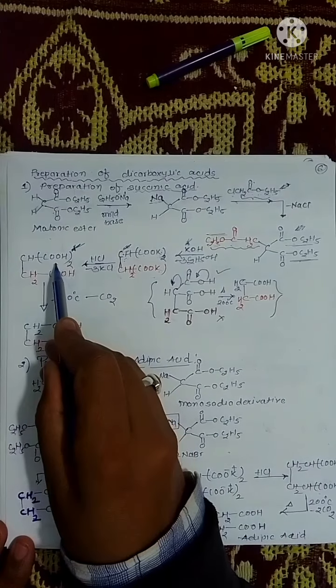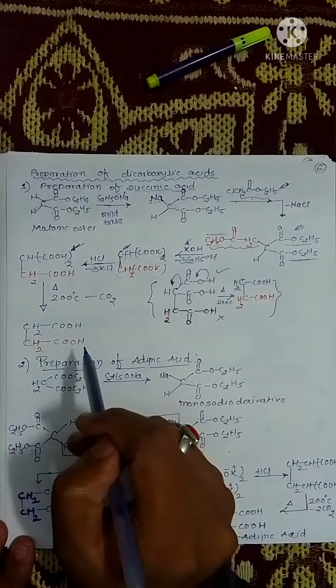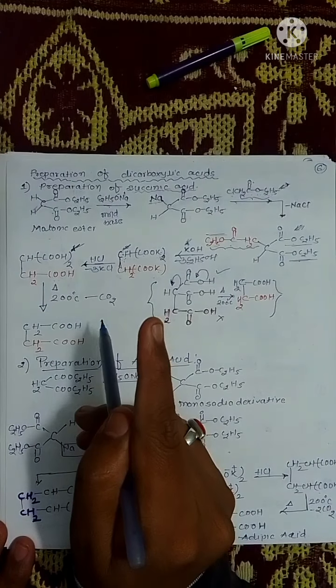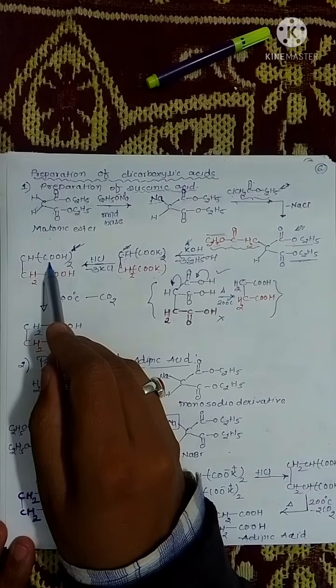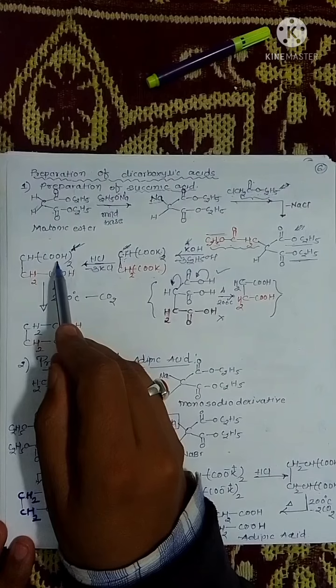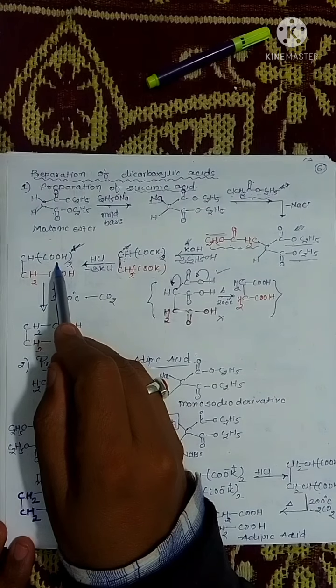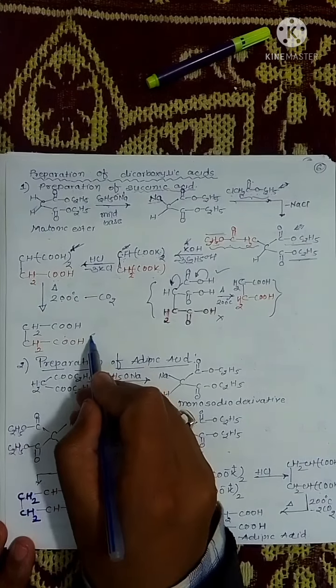When this compound is heated, and this statement is very important, one of the carboxylic groups, the one shown by blue pen, gets decarboxylated, and we get succinic acid.